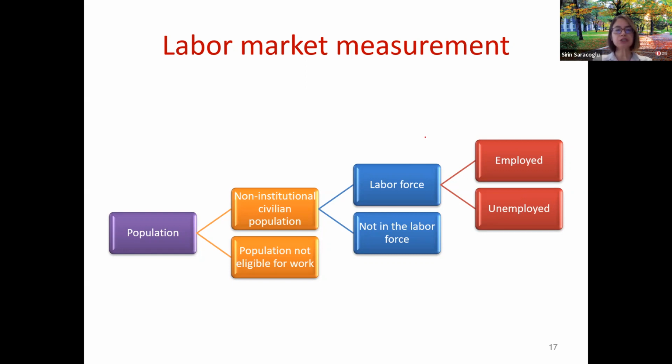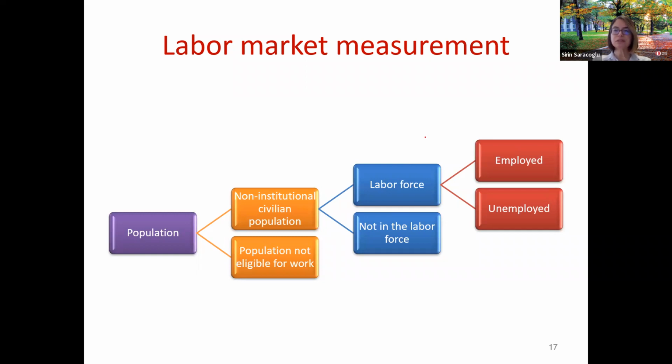Now, this population can be divided into the non-institutional civilian population and people not eligible for work. What do we mean by non-institutional civilian population? It is the population which is above the age of 15, or 15 and above, which are eligible for work.